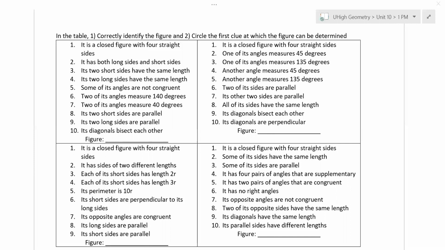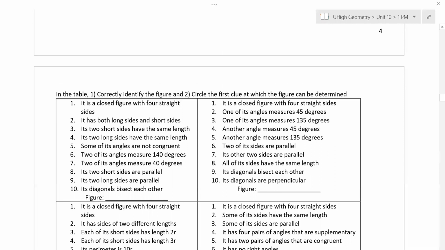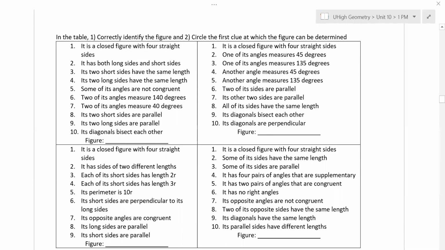So what we're going to start with is I'm going to have you go here. This is page 5 in your notes. It's a page that we skipped from earlier, but we're going to come back to it. It should say, in the table, correctly identify the figure at the top. So go ahead and find that.